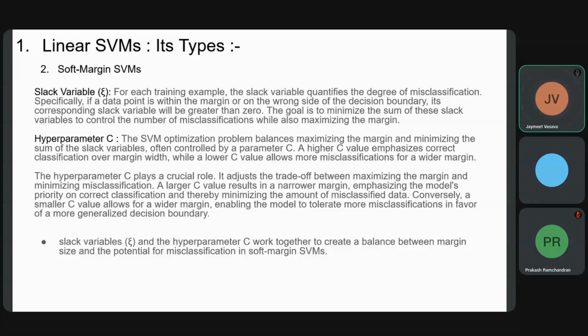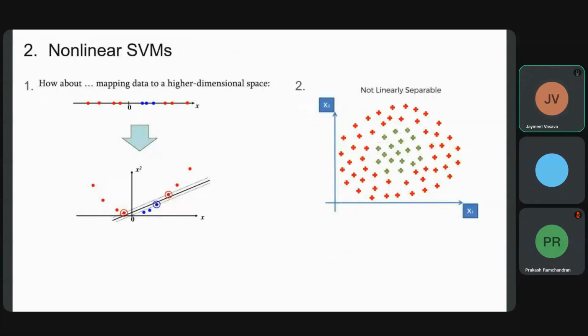So the slack variable and the hyperparameter C work together to create a balance between margin size and the potential for misclassification in soft margin SVMs. Now, those were the types of SVMs working with linearly separable data.